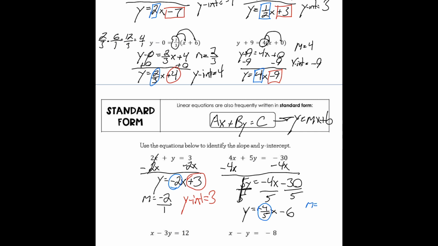M equals negative 4 over 5. And our y-intercept, negative 6. Remember to include that negative sign in front of the 6. Y-intercept equals negative 6.